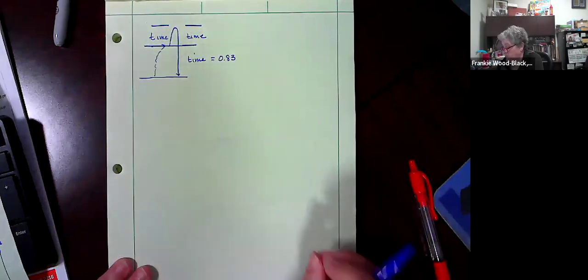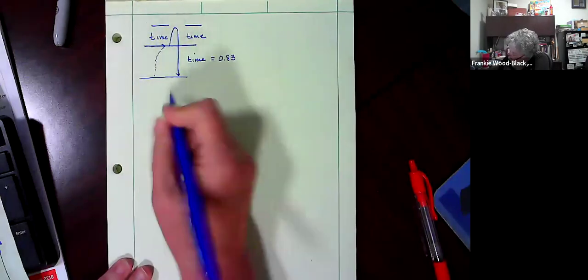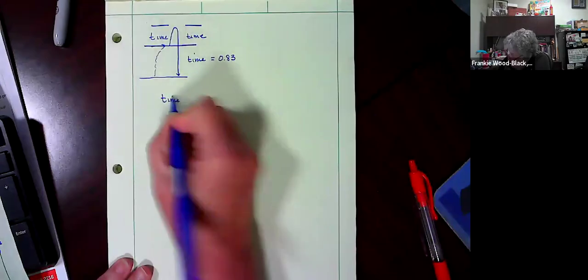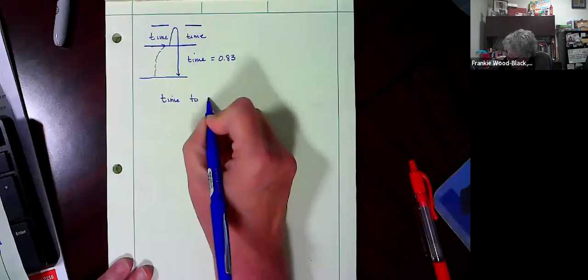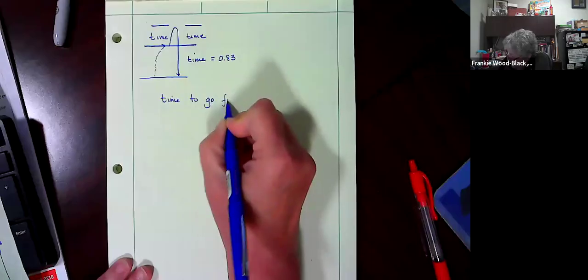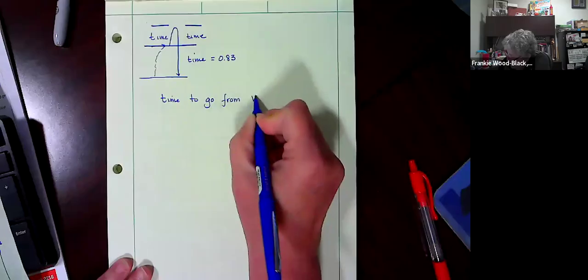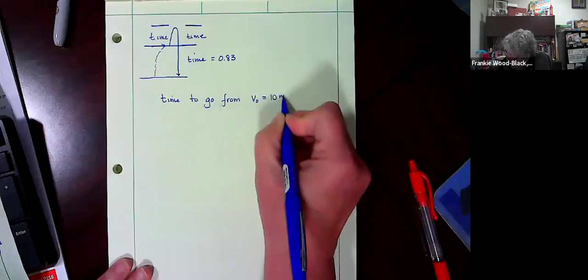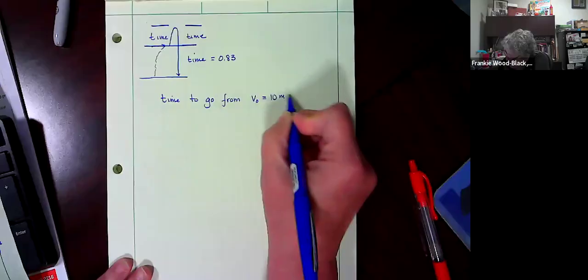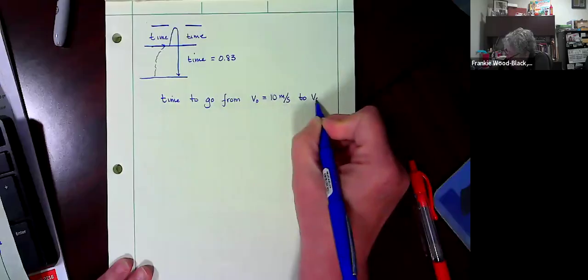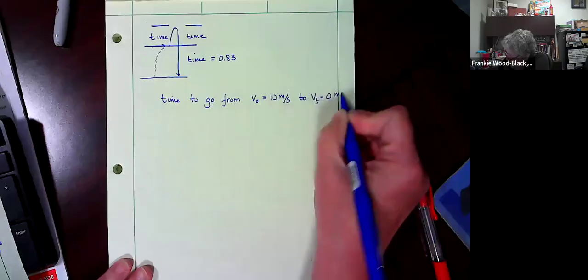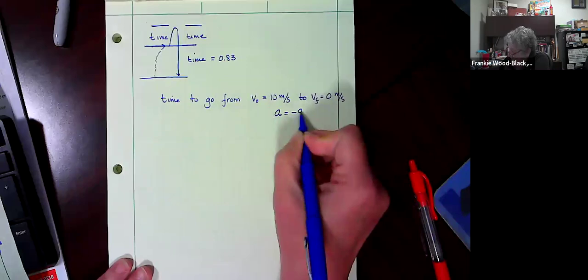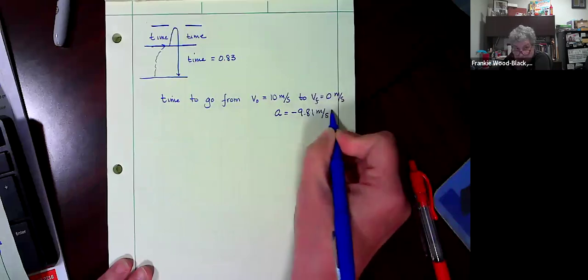Now there's a couple ways I can do it. I can look at the time it takes to go from V initial equaling 10 meters per second to V final at 0 meters per second, where my acceleration is equal to minus 9.81 meters per second squared. And this would give me the time that it goes up.